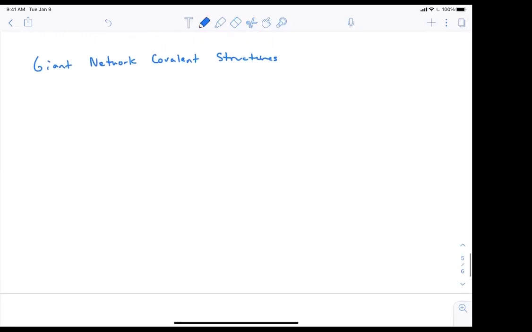Okay, and so the allotropes of carbon we care about. Allotropes, first of all, are molecular forms of elements. So an allotrope is any molecule that's derived of only one element.